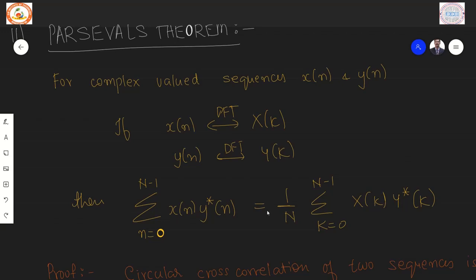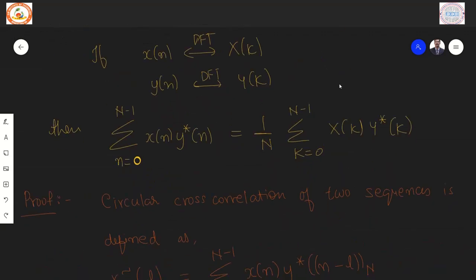This is equal to 1 by n times summation k between 0 to n minus 1 x of k into y conjugate of k. You observe in the RHS, we are considering the DFTs and we are performing the same action as in the LHS. Additionally, we are multiplying with 1 by n.